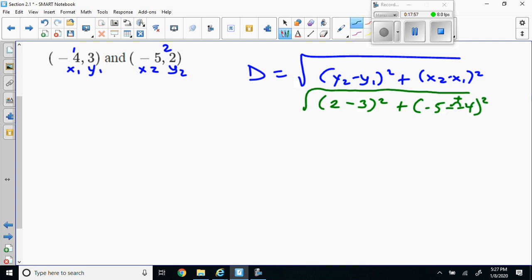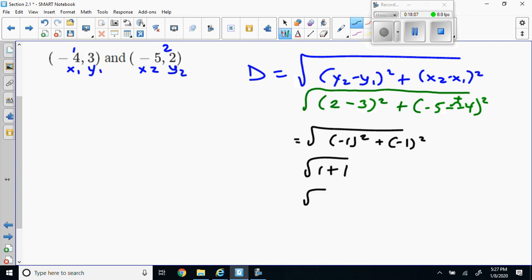Of course, that's squared. So that's going to give you -1 squared plus -1 squared. Ladies and gentlemen, that's 1 plus 1, which is square root of 2. Okay. So really the only difference that you're going to see is this.